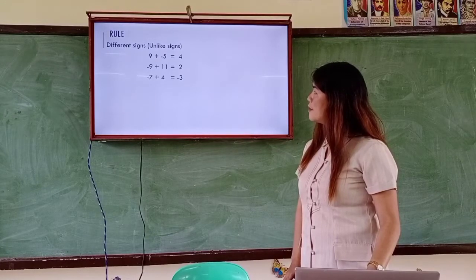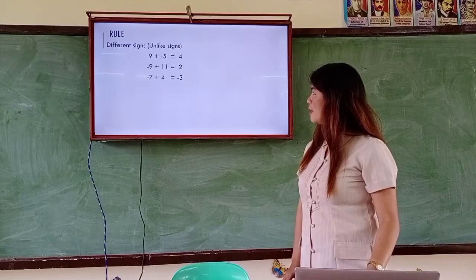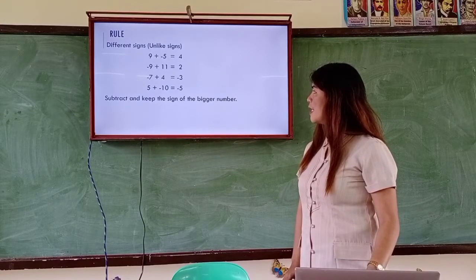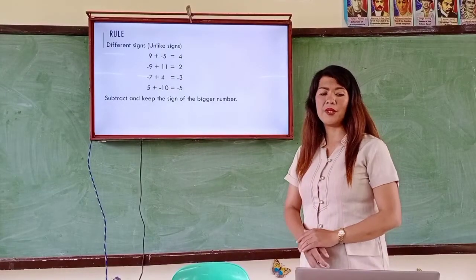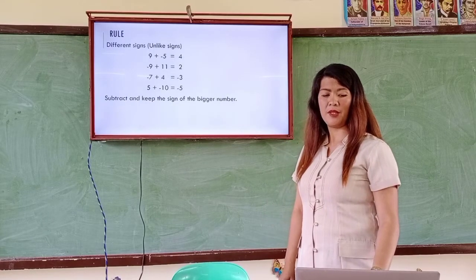Negative 7 plus positive 4 is negative 3. And then we have 5 plus negative 10 is equal to negative 5. So, how to add different signs? Subtract and keep the sign of the bigger number. Anong ibig sabihin nun?